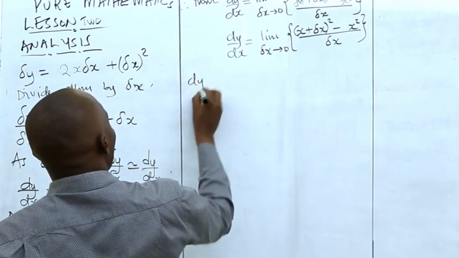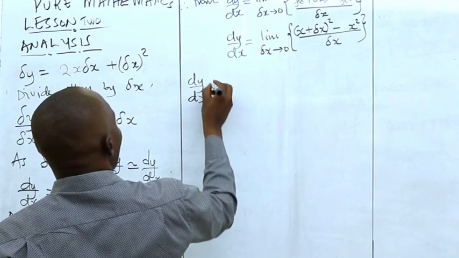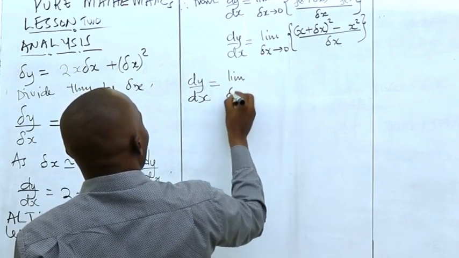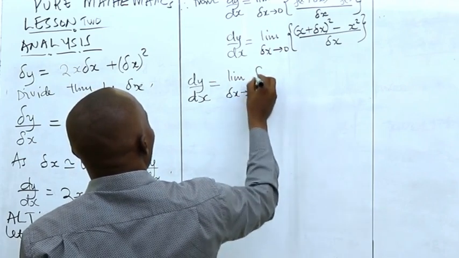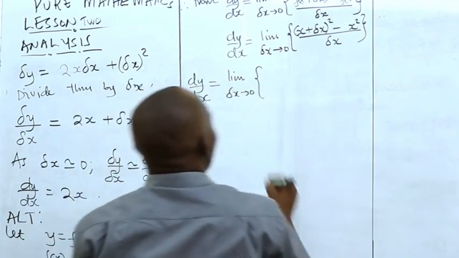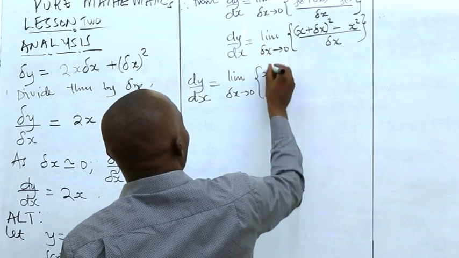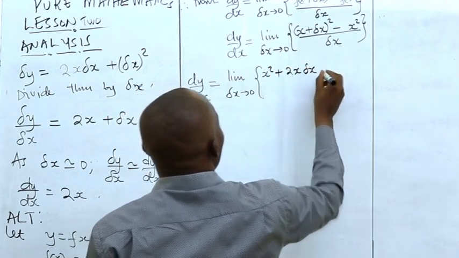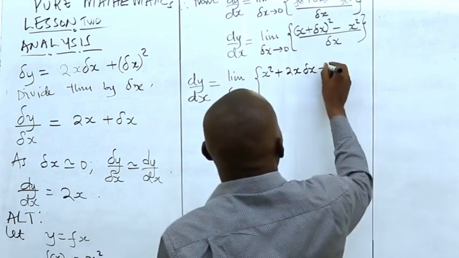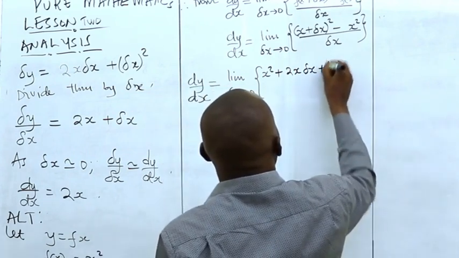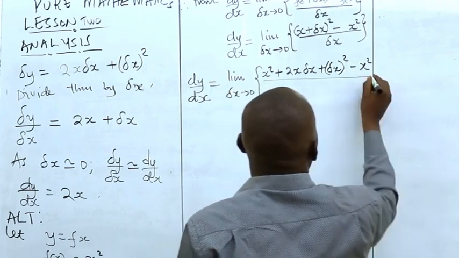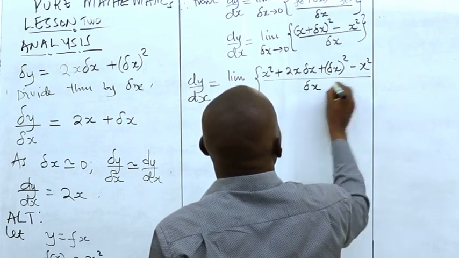So I have dy/dx as equal to the limit as delta x tends to 0 of what is happening in that bracket. When we expand, we have x squared plus 2x delta x plus delta x squared minus x squared, all over delta x.